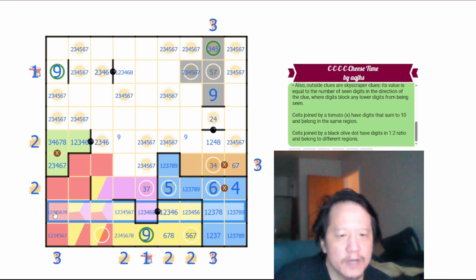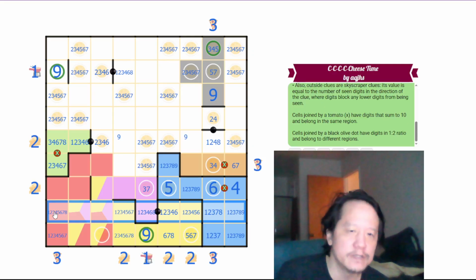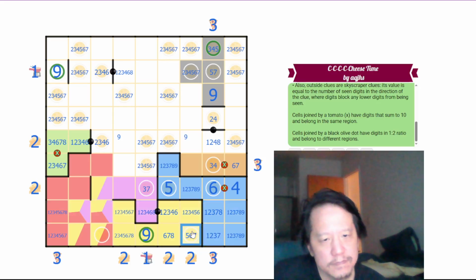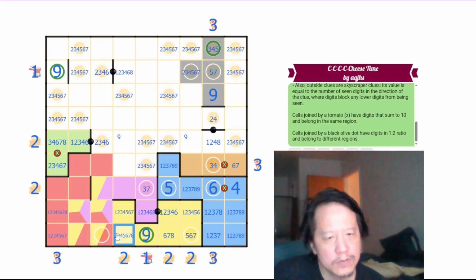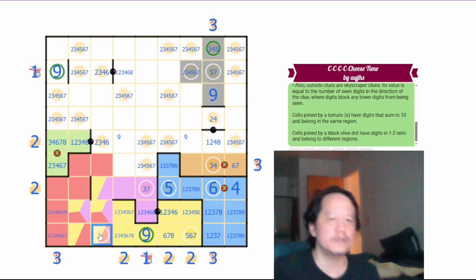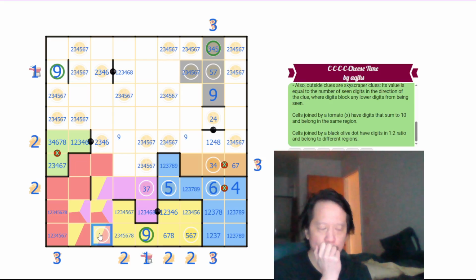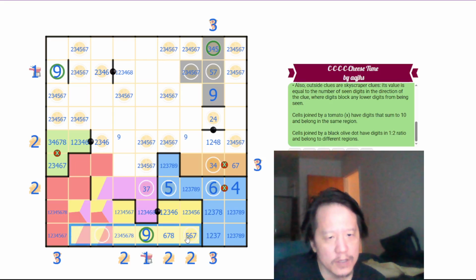So we don't have any circles in row 8. We do have 2 unique digits here. Can this be yellow? If we have yellow, yes, it could be. If this is yellow, we see 7 here, and this would see 6.